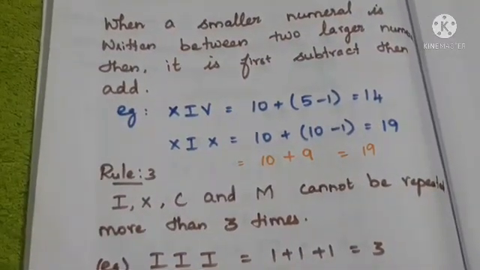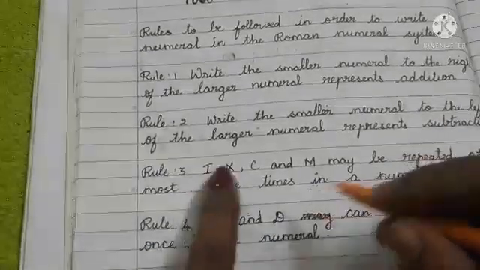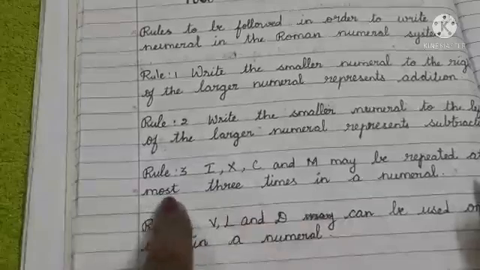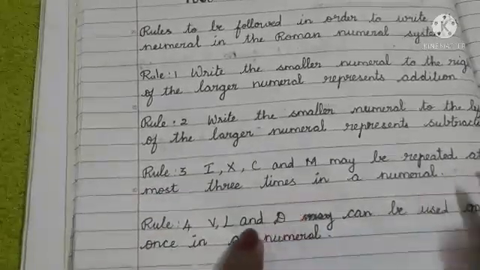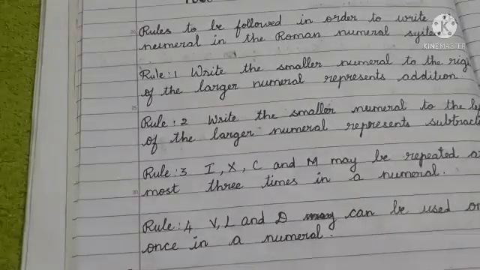In rule number 3, what is given? I, X, C and M may be repeated at most 3 times in a numeral. So how many times can we repeat I, X, C and M?